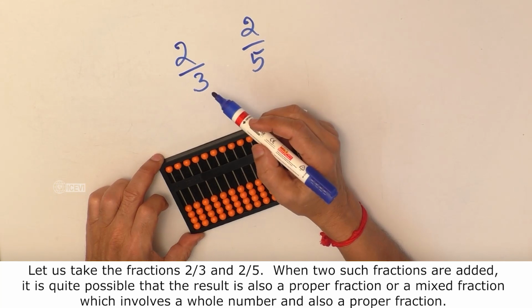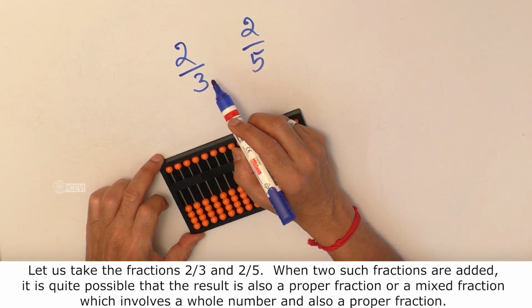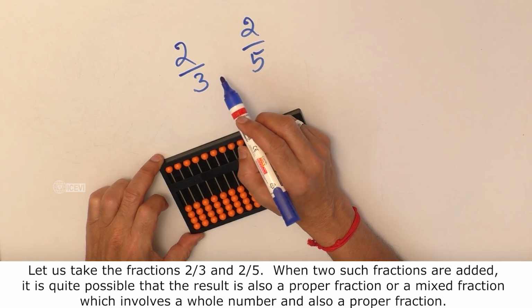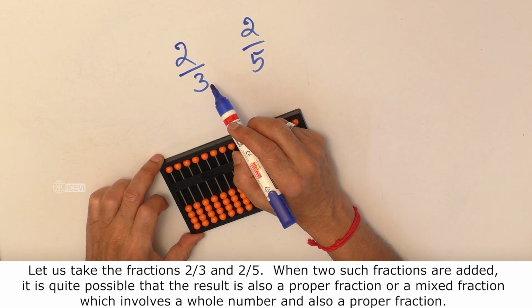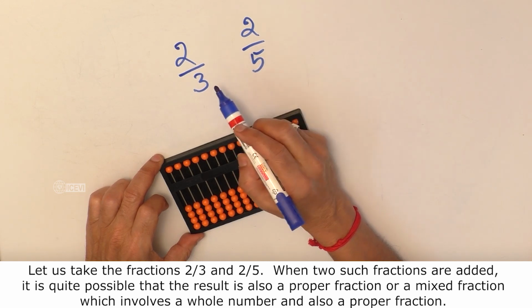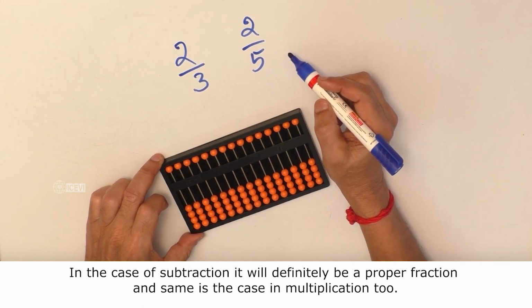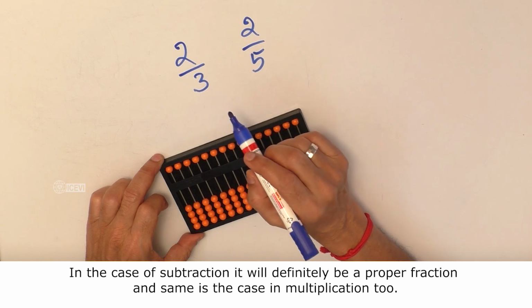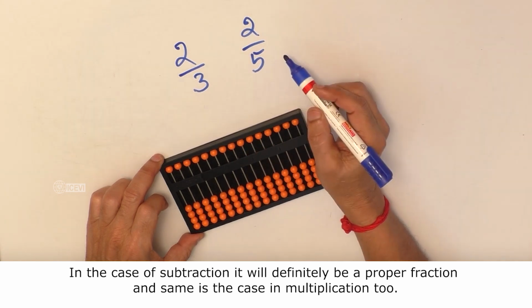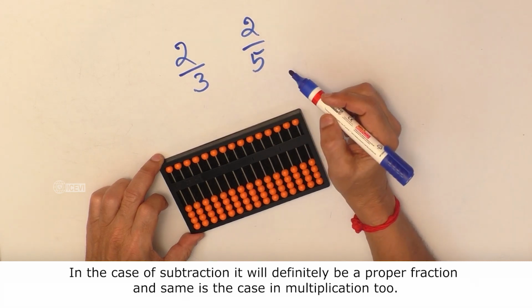When two such fractions are added, it is quite possible that the result is also a proper fraction or a mixed fraction, which involves a whole number and also a proper fraction. In the case of subtraction, it will definitely be a proper fraction, and the same is the case in multiplication too.